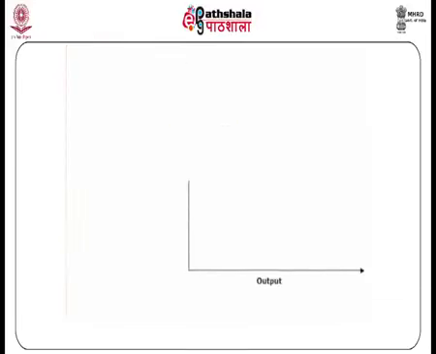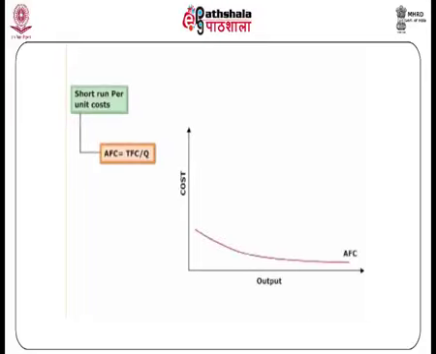After understanding the concept of total cost curves, it is very important to understand per unit cost curves in the short run analysis of the firm. They are average fixed cost, the per unit cost of the fixed factors of production, AFC equals TFC by Q. The AFC is a rectangular hyperbola because multiplication of AFC with the quantity of output produced always yields a fixed value.